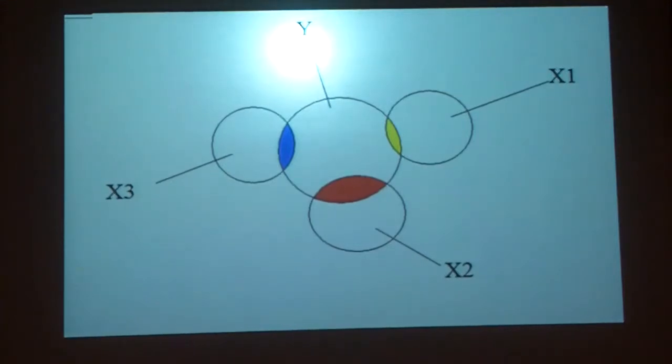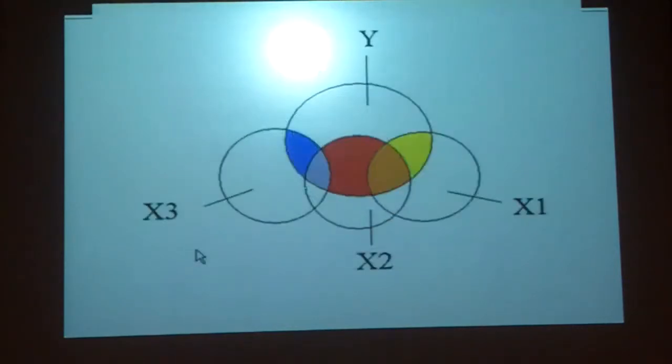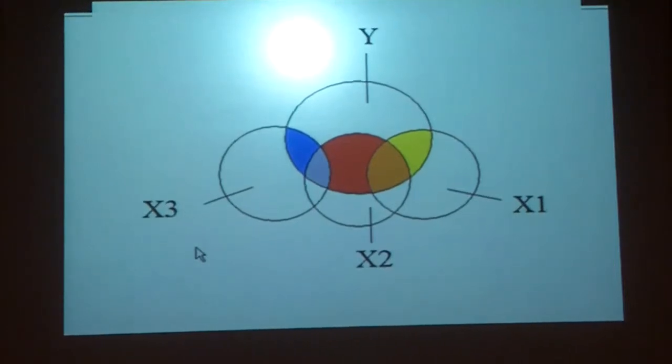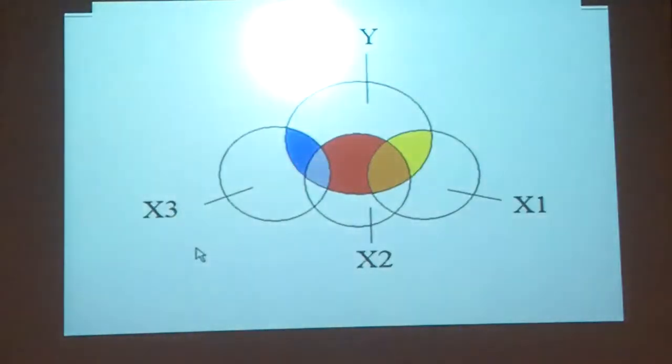The amount of area that those three colored parts of the circle take up in y, if you sum those together, would be what R squared is. The difficulty comes when we have this kind of situation, which is what we almost always have, where we have, again, three predictors, x1, x2, and x3, but they overlap with each other or relate to each other in some way.